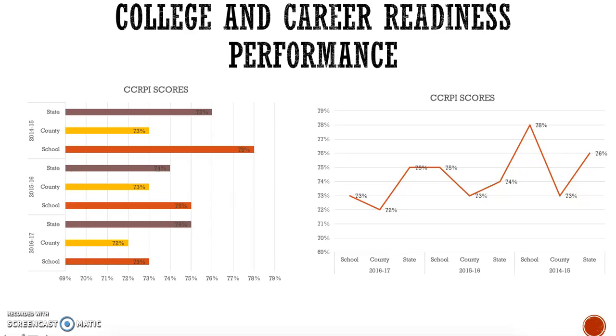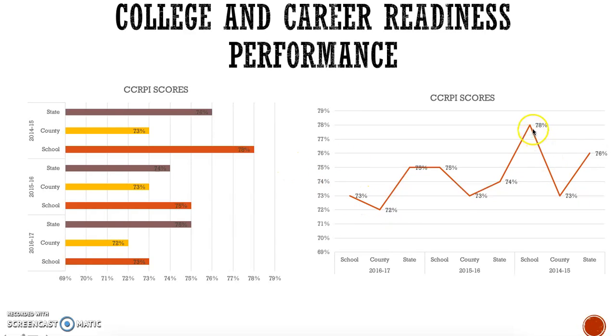So let's take a look at the school CCRPI scores. We are at 78% in the school in 2014-2015, and then we go from 78 to 75, so there is a big dip, and down to 73%.